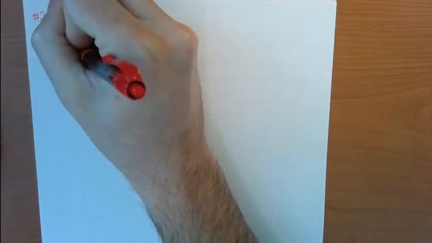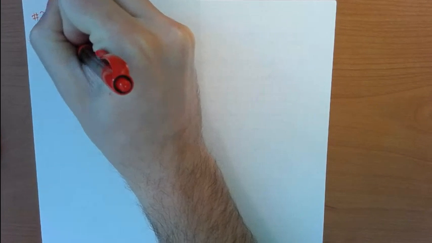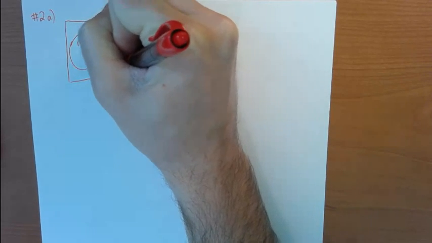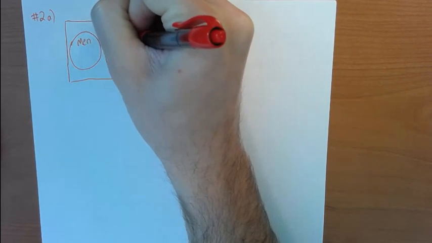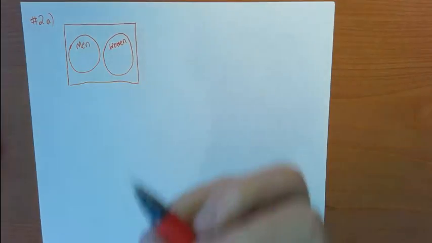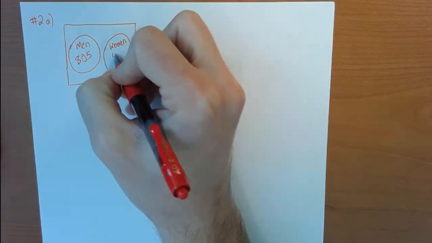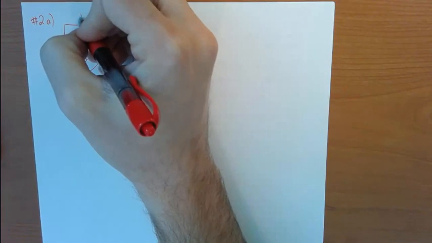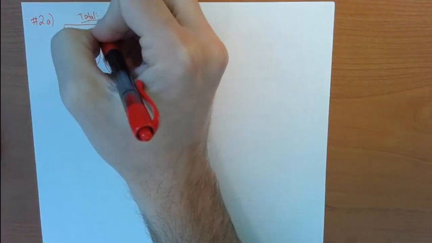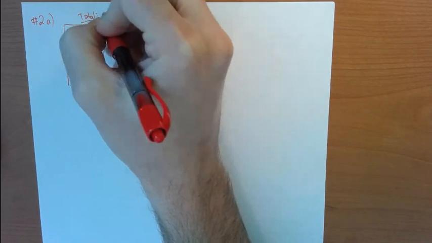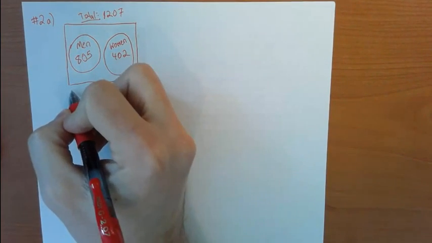So we could have one circle of all of the men passengers, and a circle of the women passengers, and we can fill in the amount of men, 805, and we have 402 women, and that adds up to our total of 1,207 from our front page. And so that is something right there we can find.